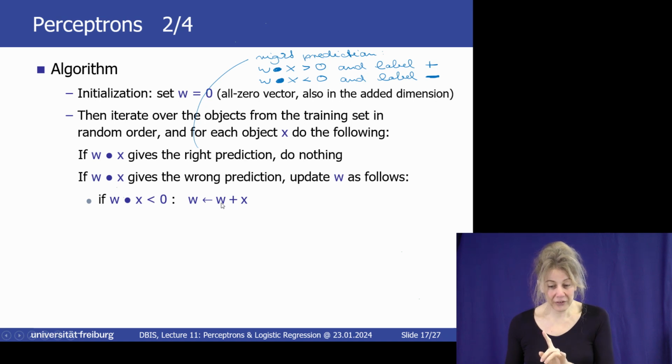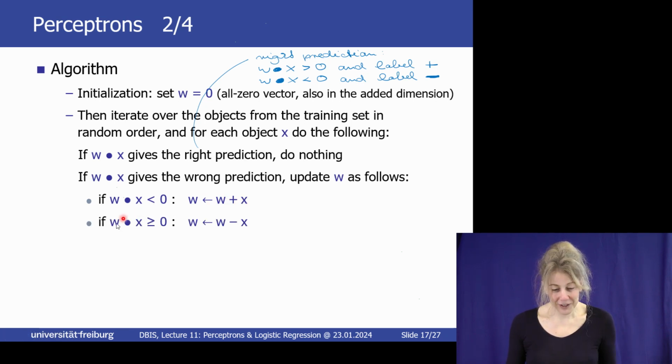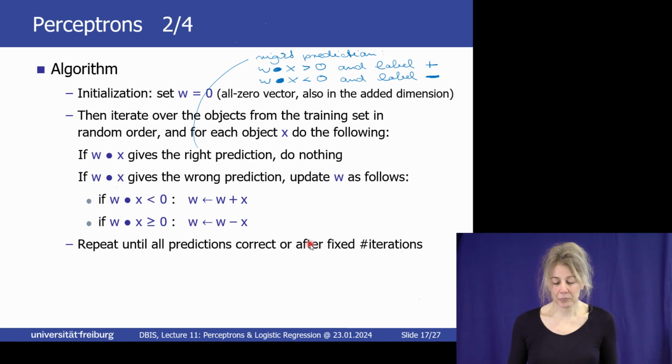This is the normal vector, and now you're adding the input point. This doesn't make sense, really. But it's super simple. If it's the other way around, you subtract it from the W. You have to decide what you do when it's exactly on the hyperplane. You can either do it here or there, or even do nothing. That's it. That's the algorithm.